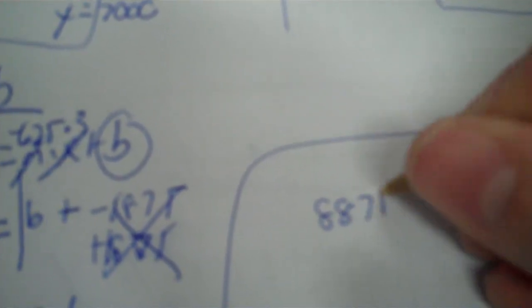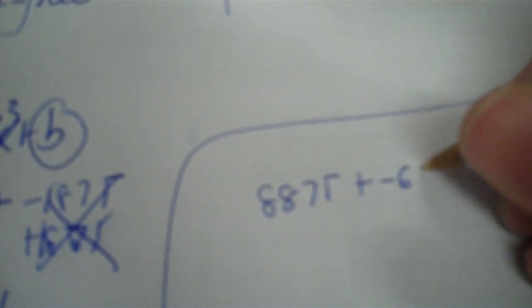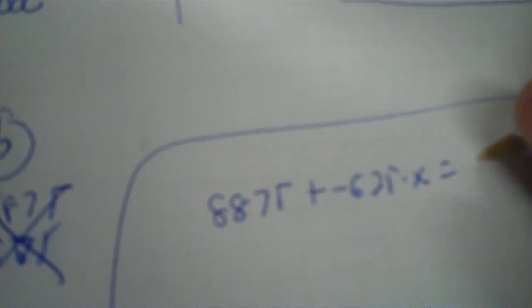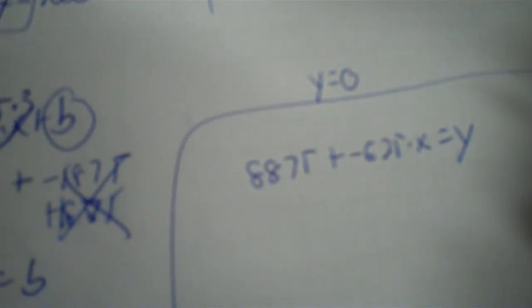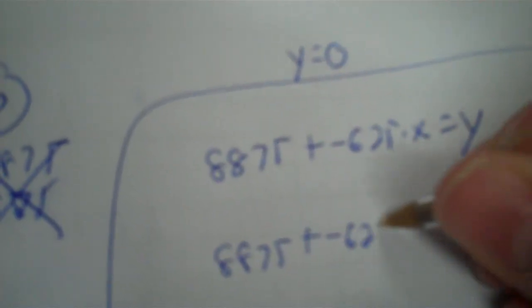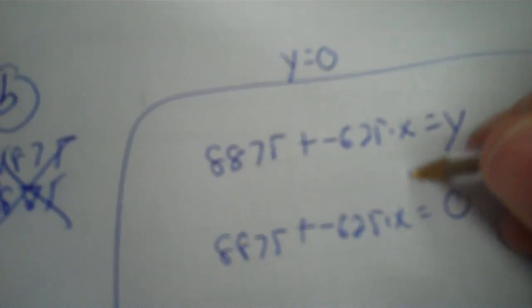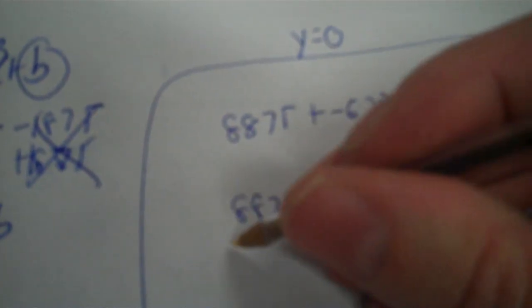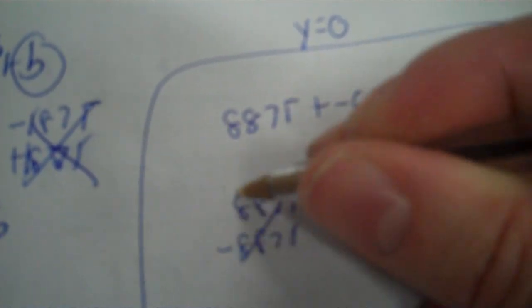Now, write your equation. 8,875 plus negative 625 times x equals y. Okay, y equals 0. Now get x by itself. So you need to minus your 8875.